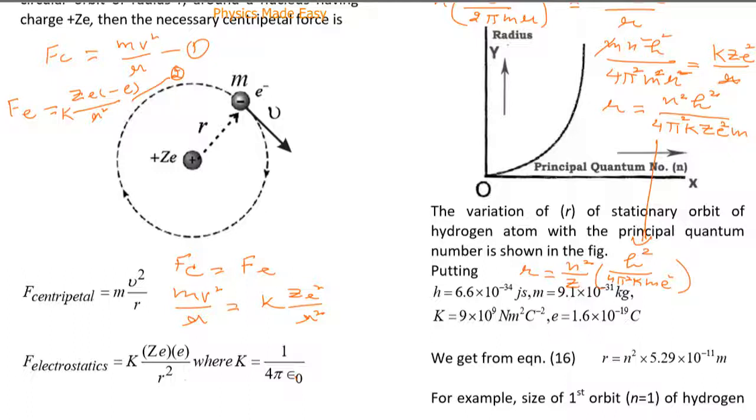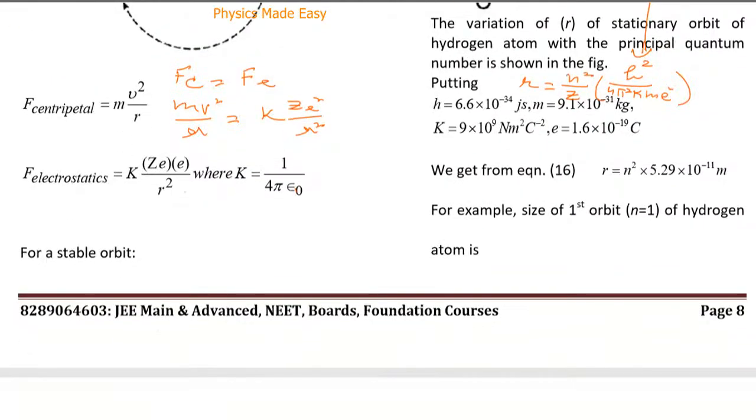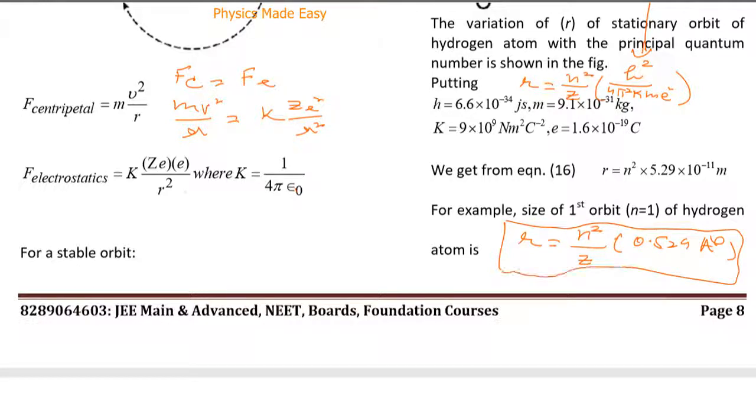Now if we fill in the values in this, then what shall we get? I shall ultimately get r is equal to n square divided by Z into 0.529 angstrom. From here we can calculate the radii of various orbits for various atoms.